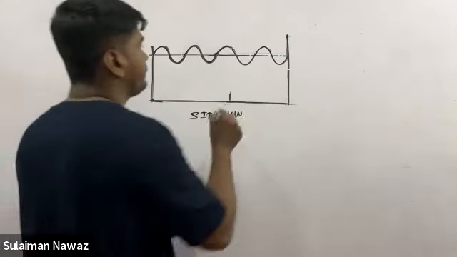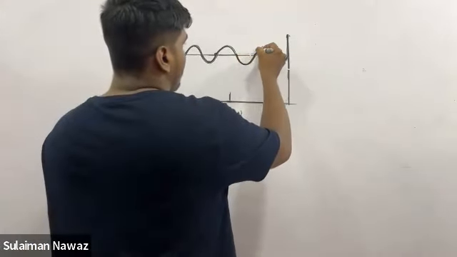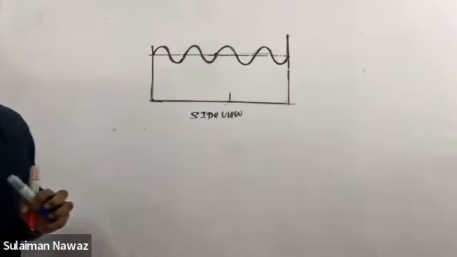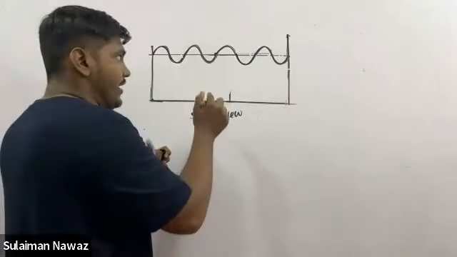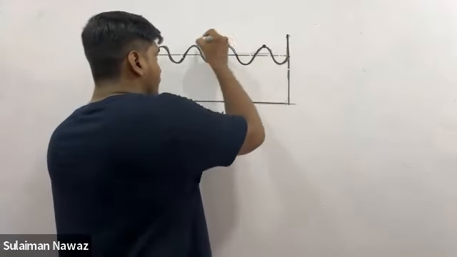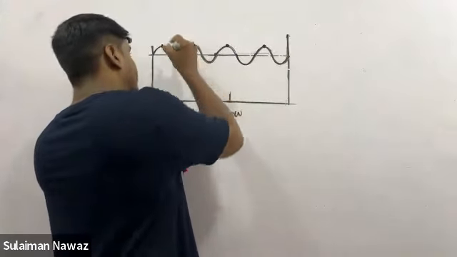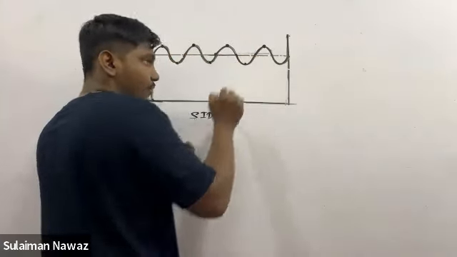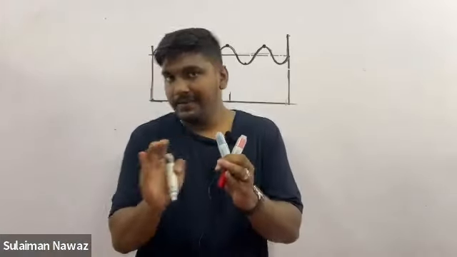Am I correct? So we know that these points are crests, and these points are troughs. Now, how do we define wave fronts?